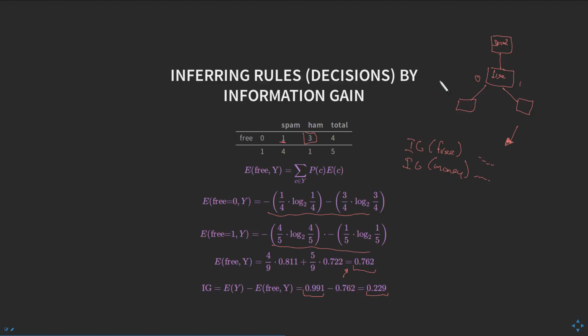So this will have 1 spam and 3 ham. So this part will have 4 spam and 1 ham. And then for these instances specifically, we'll again do exactly the same operation, and for these as well, to devise a split for these leftover features. This repeats and repeats until everything is classified or we hit some stopping criteria.